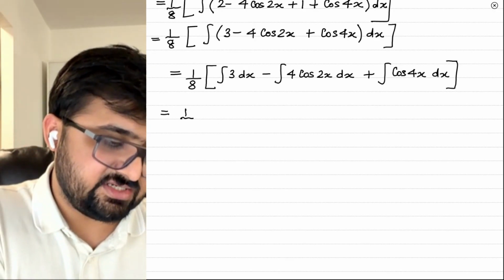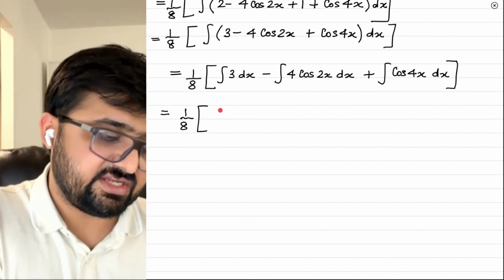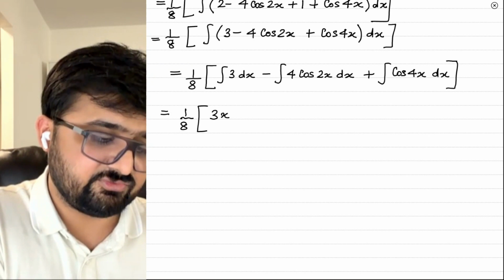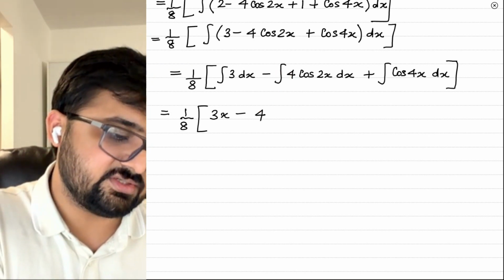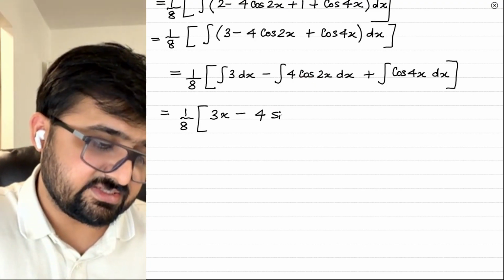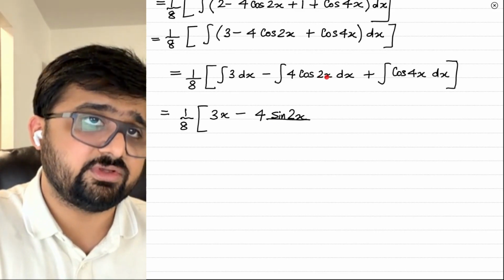Now 1 by 8. So this 3 can again be taken out of integration and you will be left with 1, and integration of 1 is x, minus the 4 can be taken out of integration. You will be left with cos 2x. The integration of cos 2x is sine 2x, but we have to divide by the coefficient of x.